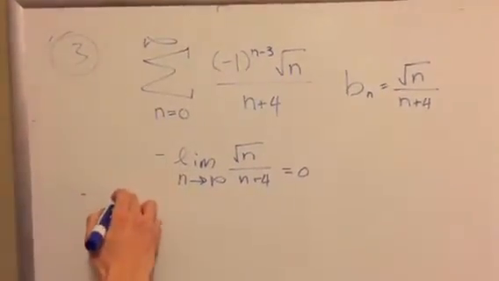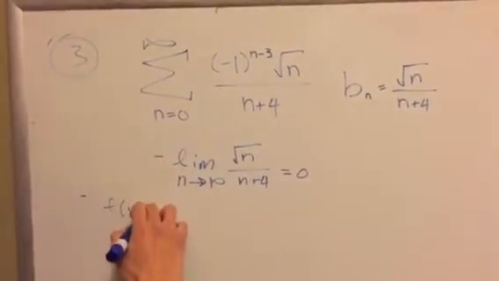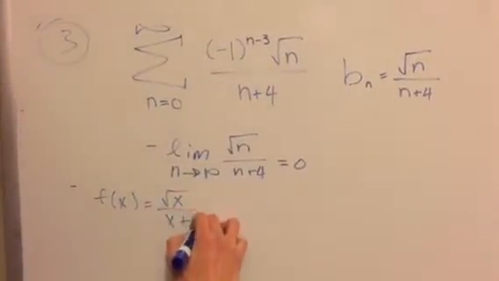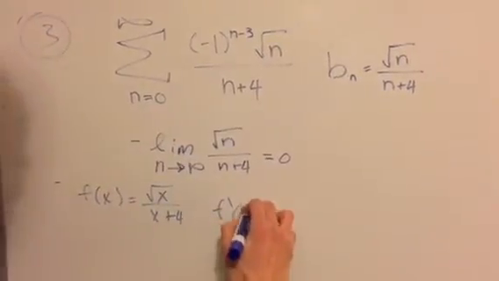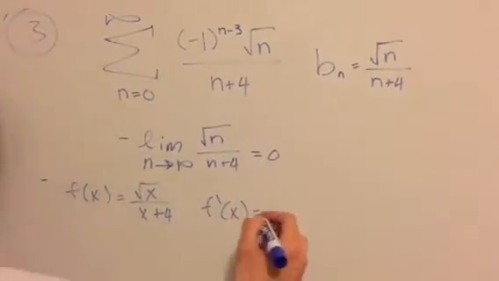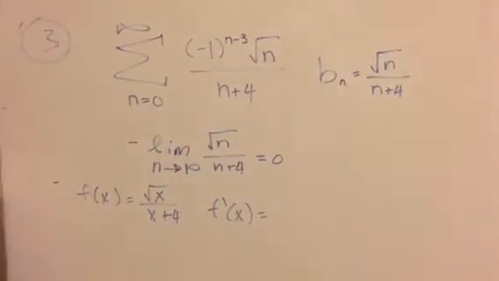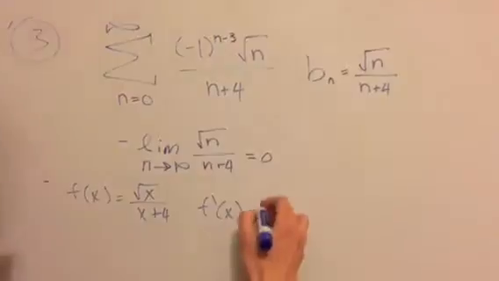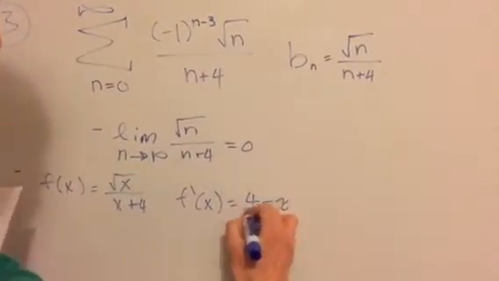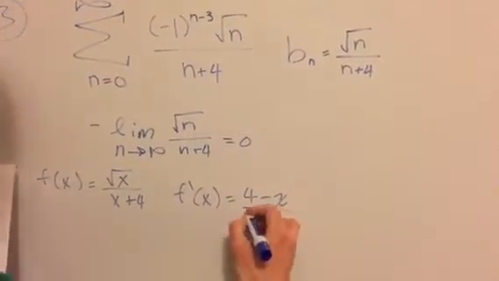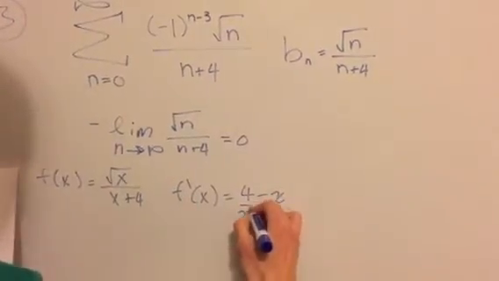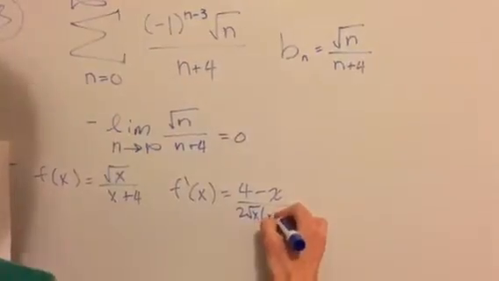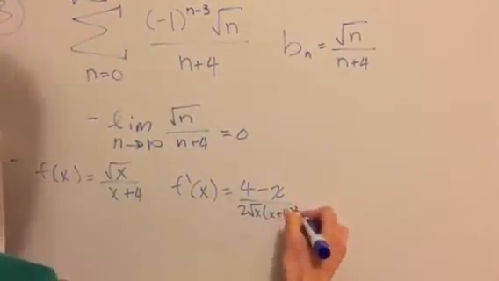So we'll make a function of f of x equal to the square root of x over x plus 4. Taking the derivative gives f prime of x is equal to, I'm not going to work through this quotient rule, but it's equal to 4 minus x over 2 times the square root of x times x plus 4 squared.